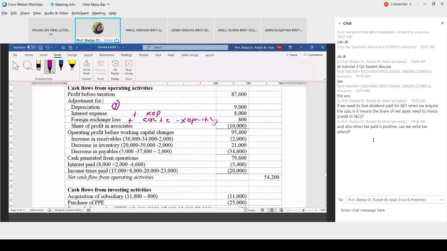And then for inventory you have 39, plus 2 from the acquired, and then you're going to have 41. So 41 compared with 20, there is a decrease by 21. Decrease means that we need to plus.